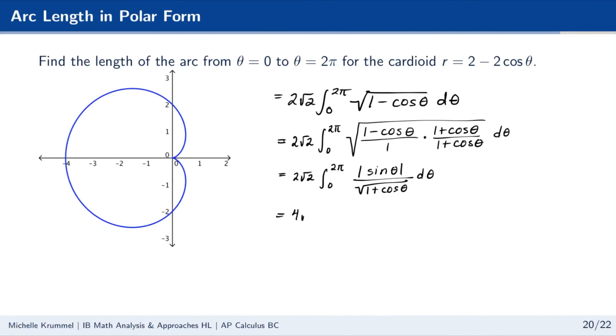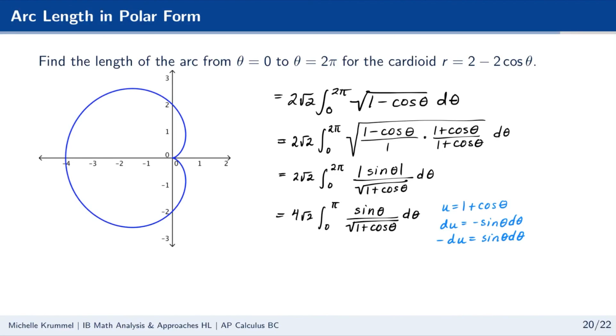So that'll give me 4 root 2, integral 0 to π, sine θ over the square root of 1 plus cosine θ dθ, and now we can do a u substitution. u equals 1 plus cosine θ, du equals negative sine θ dθ. So negative du equals sine θ dθ, and this becomes negative 1 over the square root of u du.